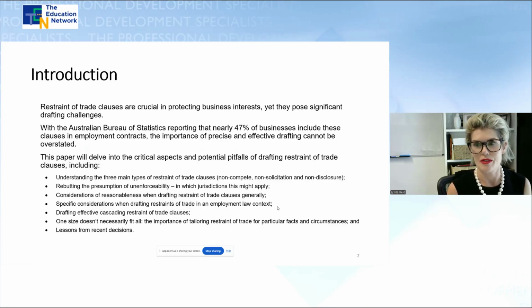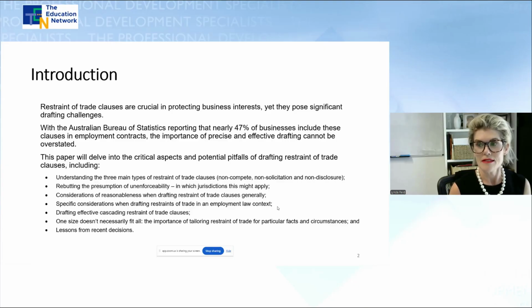We're going to look at restraint of trade clauses in different contexts, and this is really looking at protecting business interests or protecting legitimate protectable interests, which is critical when you are acting for the person whose interests they are. And there are significant drafting challenges that can pop up, particularly depending on which jurisdiction you are in.